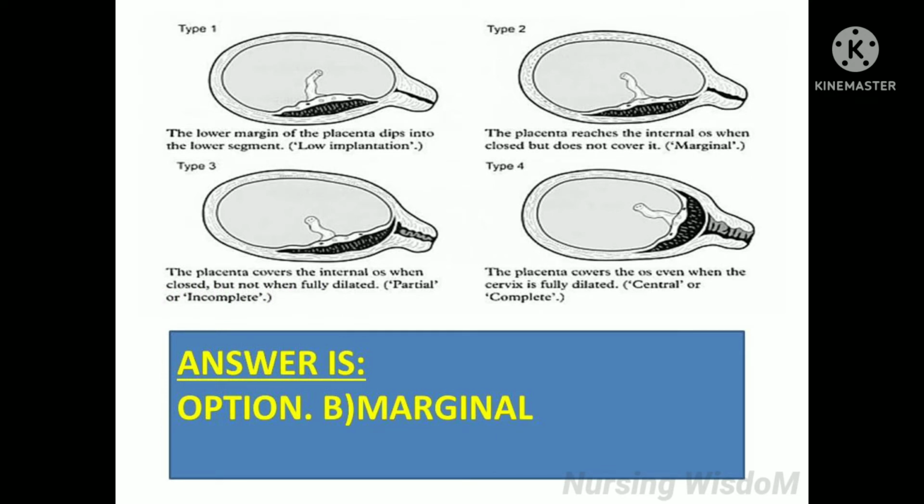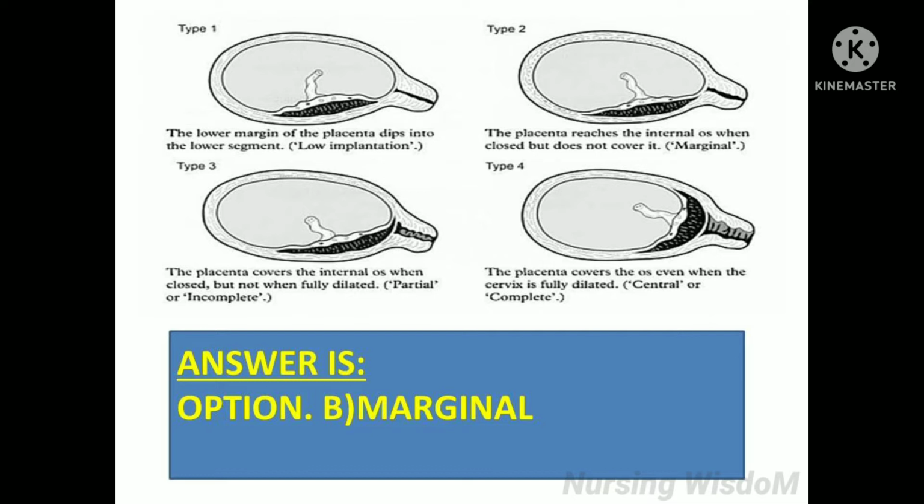Type 1, the lower margin of the placenta dips into the lower segment, that is called low implantation. Type 2, the placenta reaches the internal os when closed but does not cover it. It is called marginal placenta previa. Type 3, the placenta covers the internal os when closed but not when fully dilated.